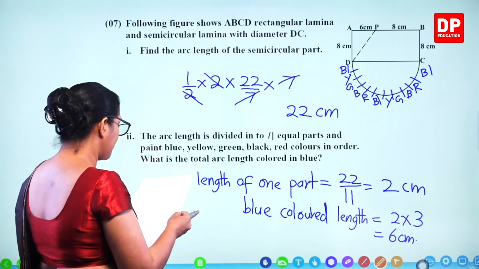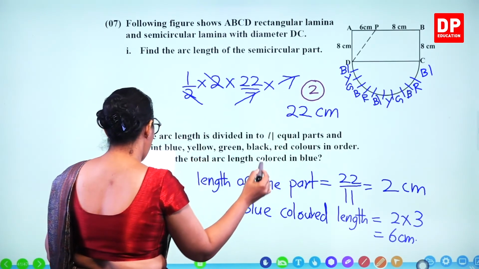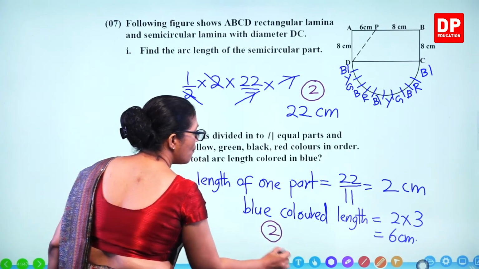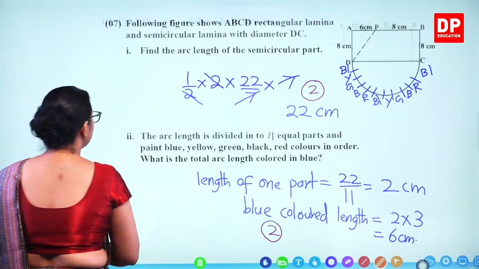So how many marks? 2 marks for arc length and 2 marks for finding this. Let's do the next one.